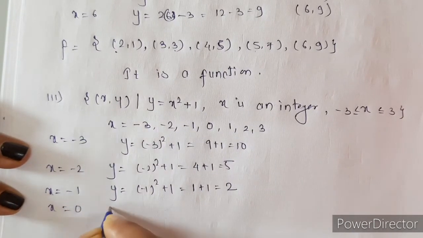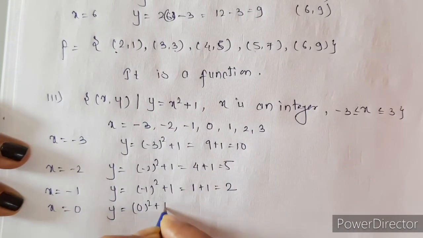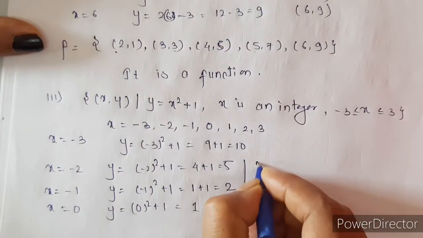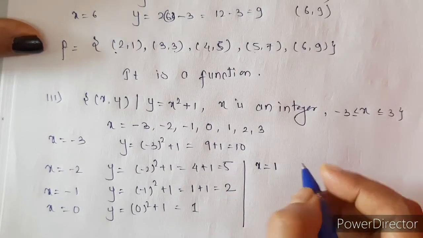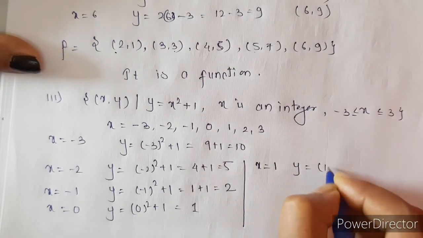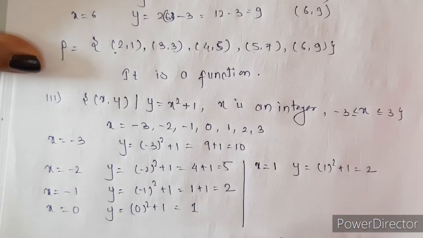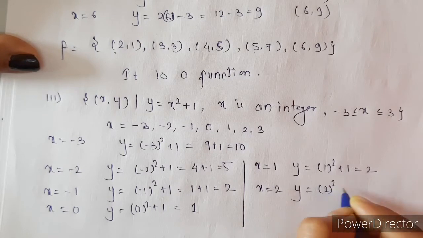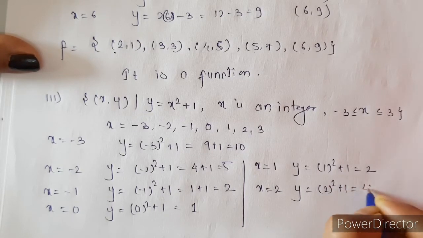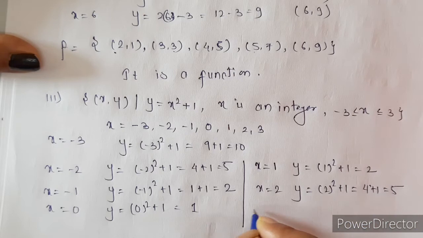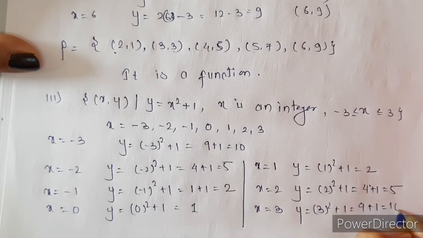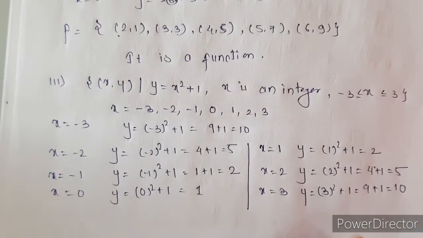When x equals 0, y is 0 square plus 1, which is 1. When x equals 1, y is 1 square plus 1, which equals 2. When x equals 2, y is 2 square plus 1, which is 4 plus 1, 5. And when x equals 3, y is 3 square plus 1, 9 plus 1, which equals 10. So we got our values.